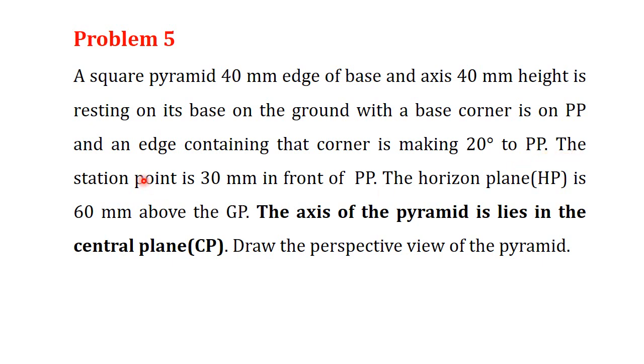The station point is 30 mm in front of PP. The horizon plane is 60 mm above the ground plane. The axis of the pyramid lies in the central plane. This is a new thing, that's why I highlighted it here. Draw the perspective view of the pyramid.